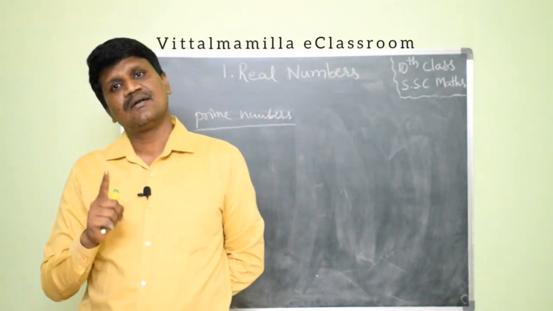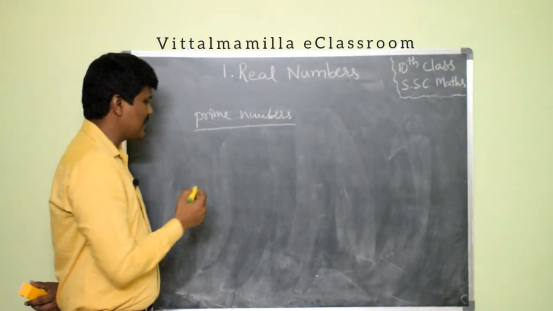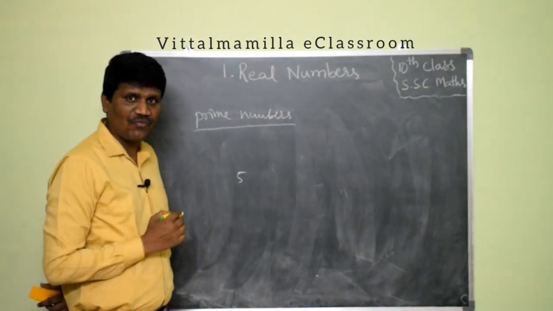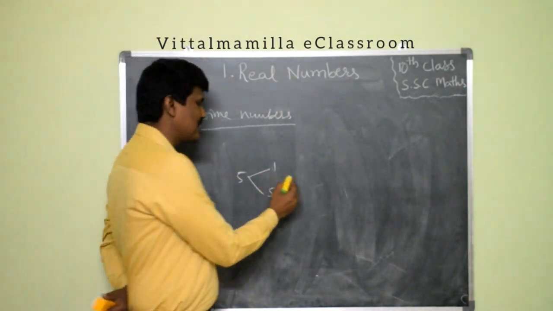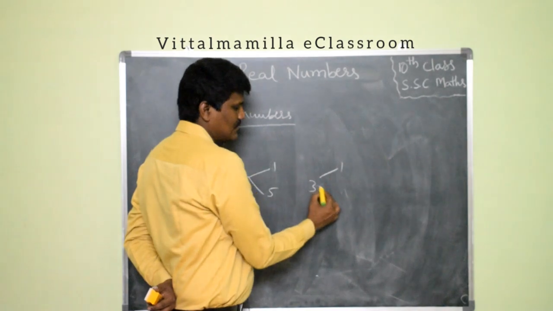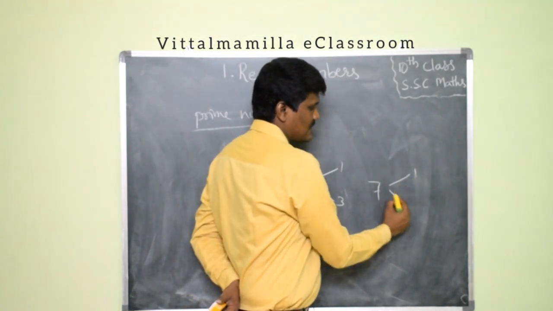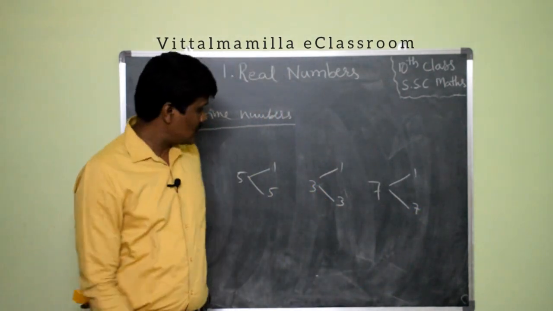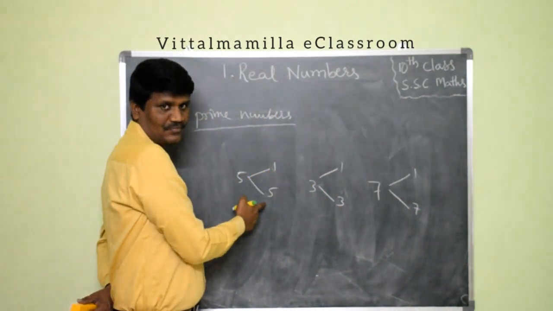If you take any number, suppose 5, what are the factors of 5? 1 and 5. The factors of 3 are 1 and 3. The factors of 7 are 1 and 7. So there is no other factor of 5 other than 1 and 5.